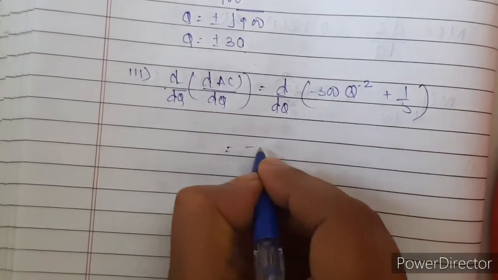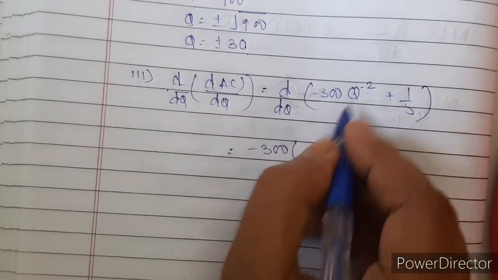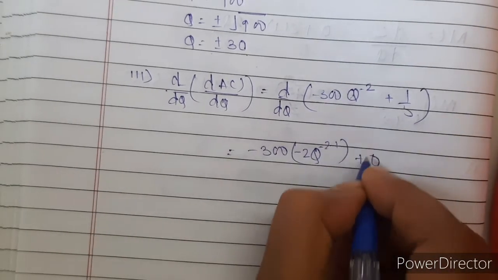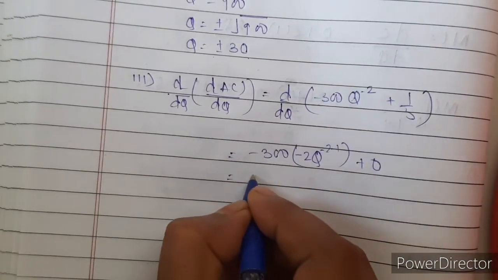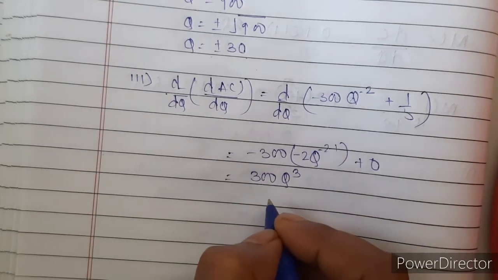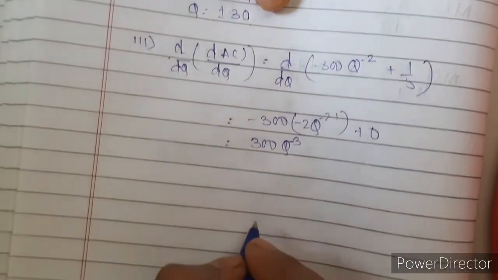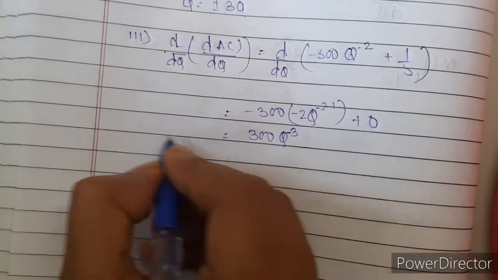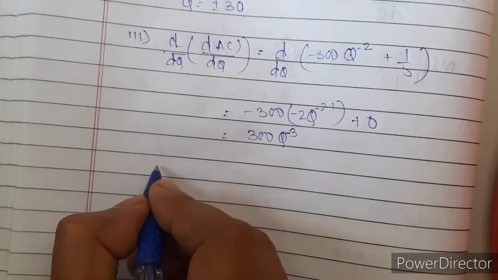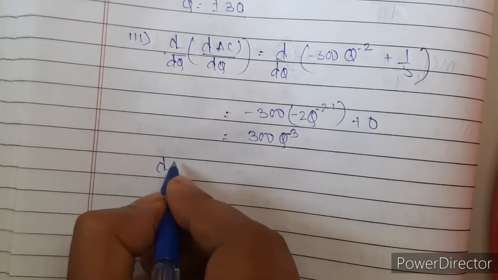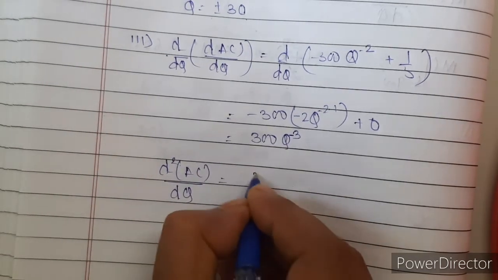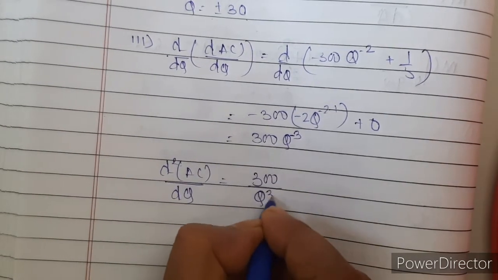So the derivative of this: minus 300 as it is, this Q minus 2 will be minus 2 minus 1, plus 0. This minus minus is plus, so we are getting 300 Q to the power minus 3. Now we have to check at which point it is giving us minima and at which point maxima. So the second derivative of average cost with respect to quantity is 300 by Q cube.